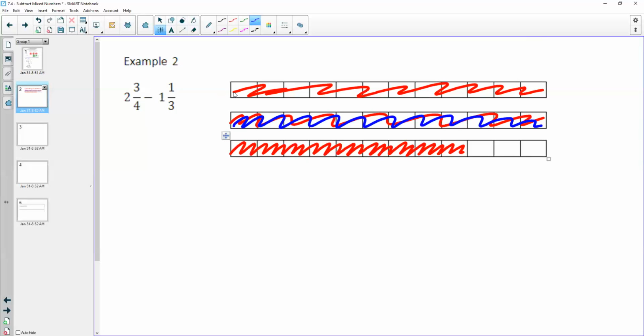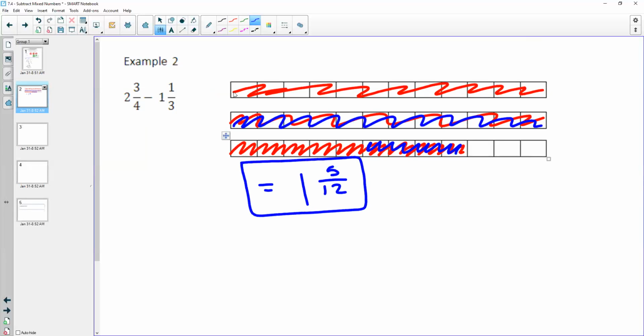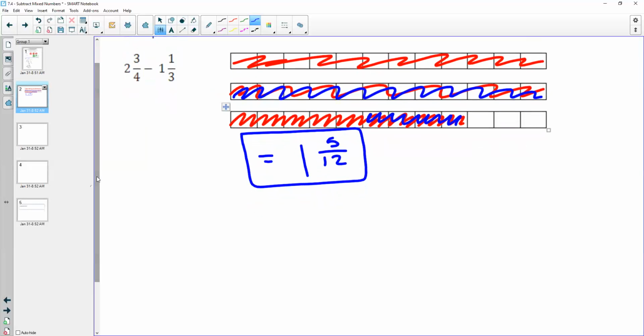So now I will subtract 4 from here. So 1, 2, 3, 4. And now we will just count what's left. So we have 1 whole and 5 twelfths. Okay, so diagrams can be helpful. Let's try this using our math strategy.